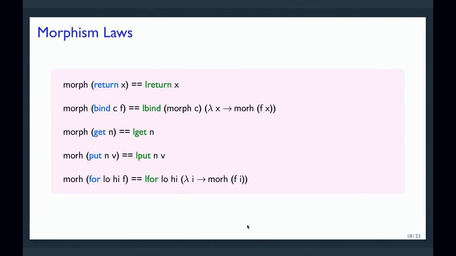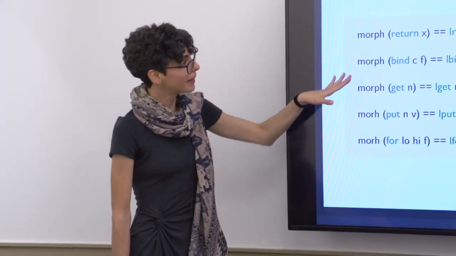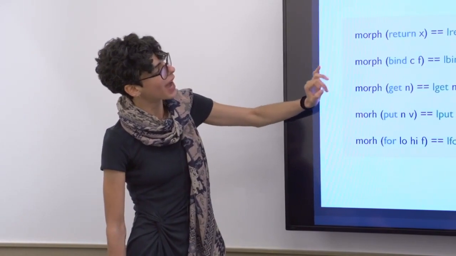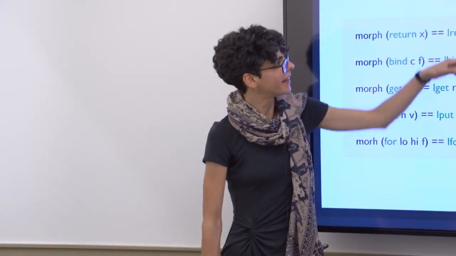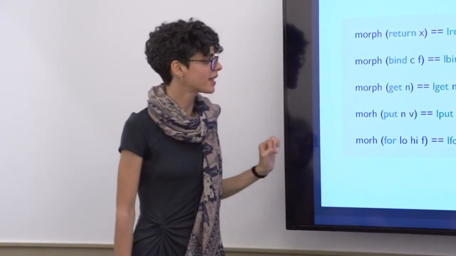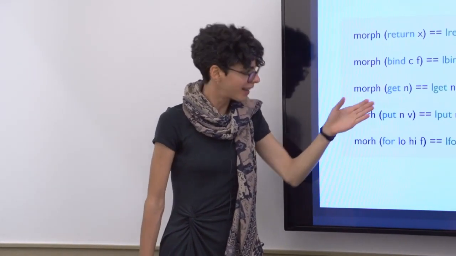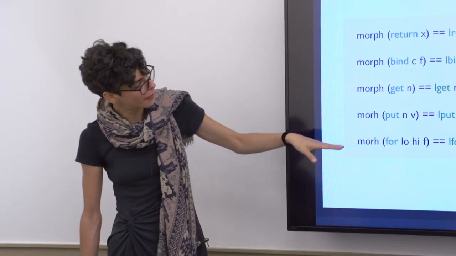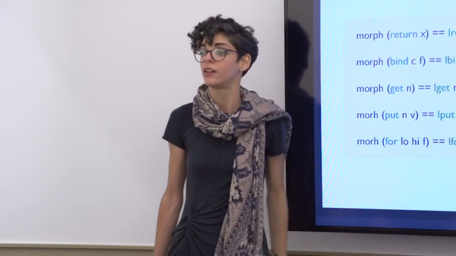And using that, we can prove these nice equality lemmas that say that applying morphisms to the high-level combinator gives us a low-level combinator. Applying morph to bind is the same as lbind and pushing morph inside. And morph of get is lget, morph of put is lput, and morph of for again pushes morph inside.